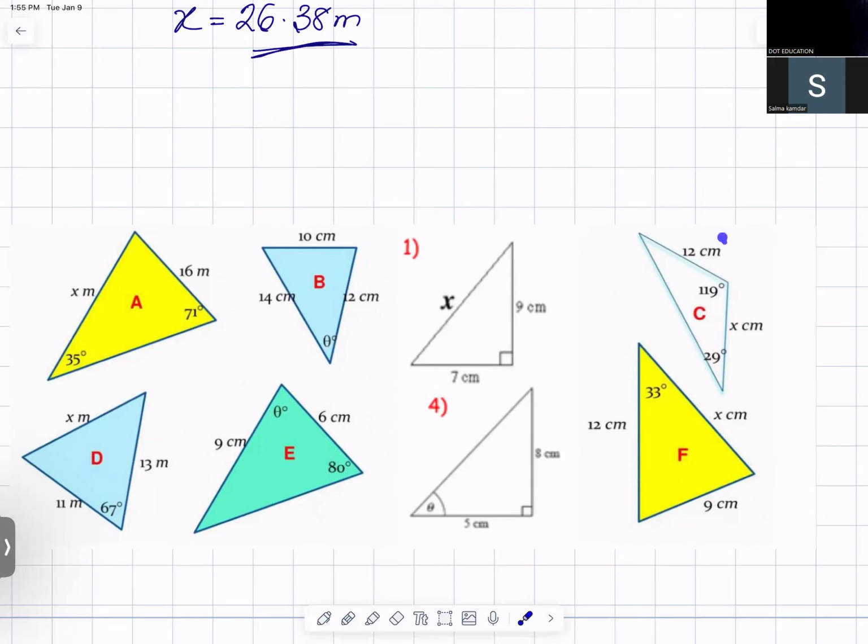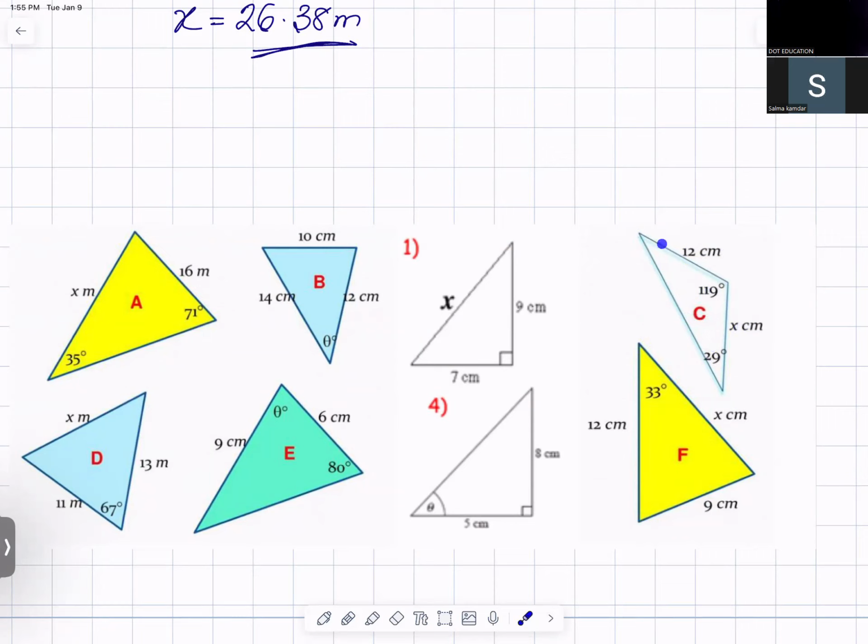Then if you take a look at this one, we have one side, we have an angle given here, and we have our side given here. You can see there's the matching opposite to this, and for this, we have the matching opposite here. But if you look at this, we have two angles given, and we are looking for the x side.